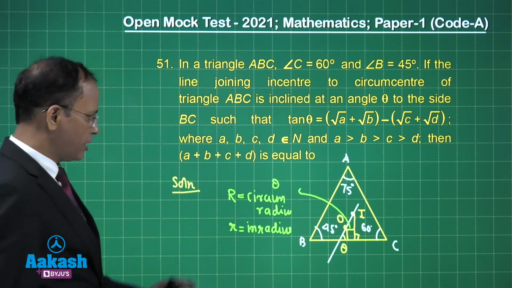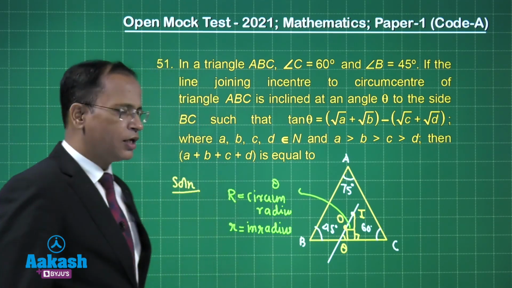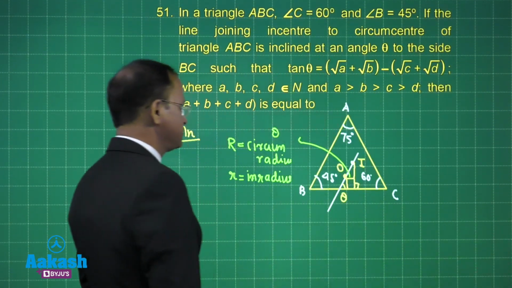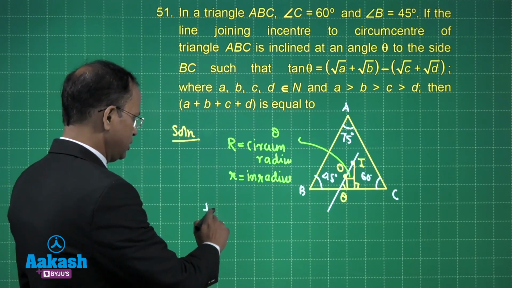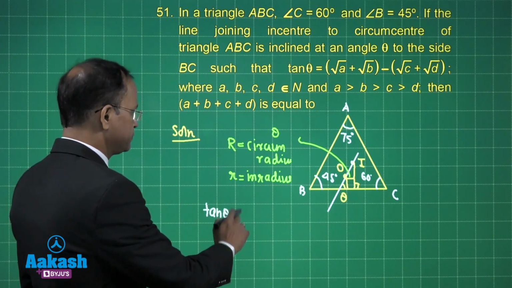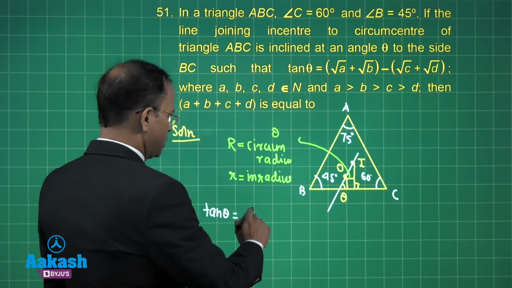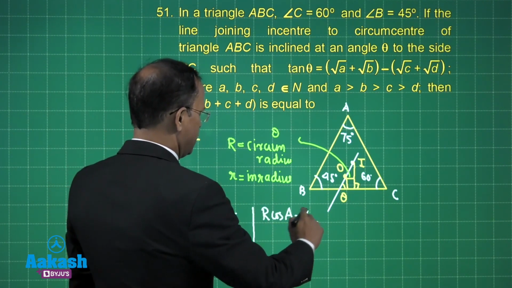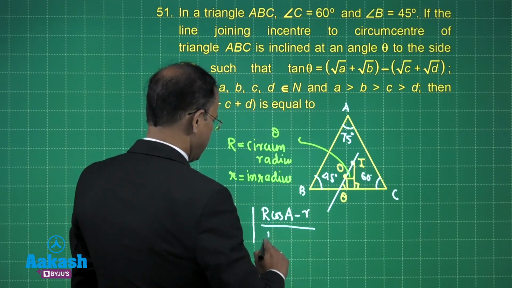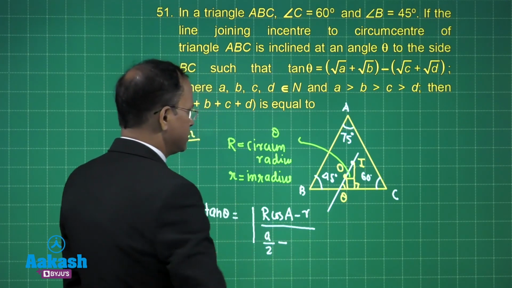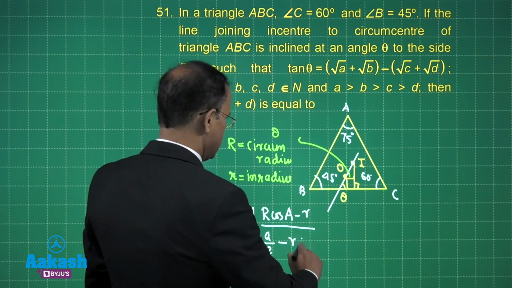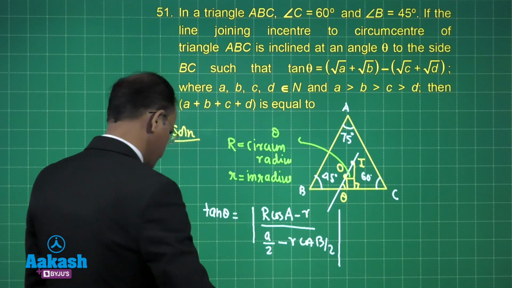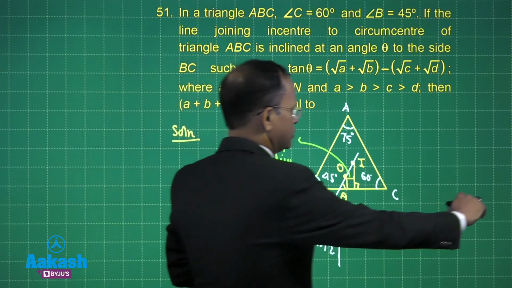Capital R is the circumradius, and small r is the inradius. Now, if I talk about the angle here, we know that tan theta is going to be r cos A minus r divided by A by 2 minus r cot B by 2. So, this is the relation I am talking about, which gives the angle.